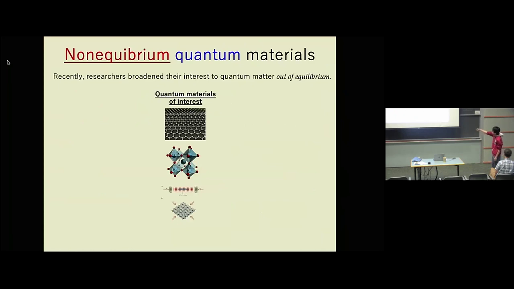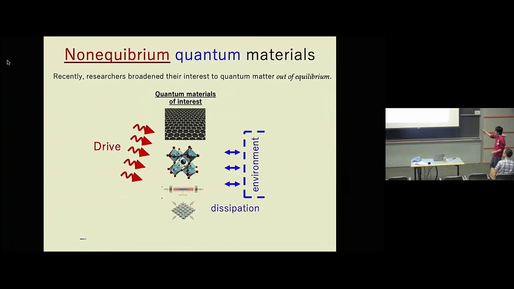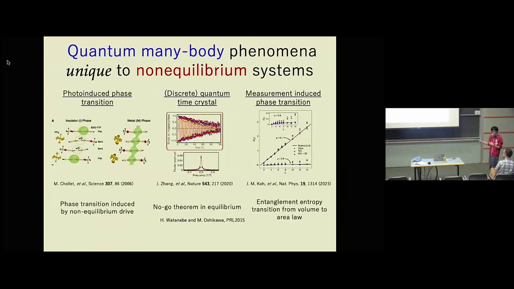So pick your favorite quantum material of interest, and people have been able to, for instance, drive the system strongly out of equilibrium and see what happens, or put in some engineered dissipation such that it does something weird and interesting. This is, I would say, pretty much similar to what soft matter physicists have been doing, where in these 20 years or so, people have broadened their interest to active systems. So there's some parallel, right?